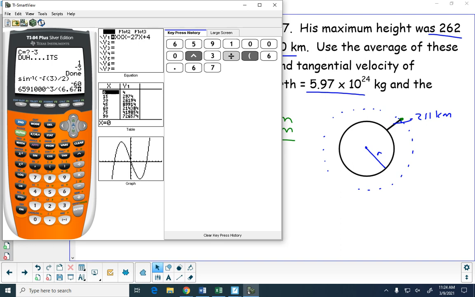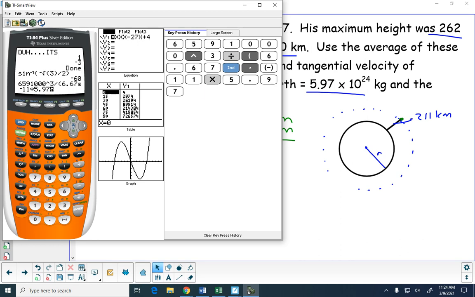So I can go second EE, negative 11, times the 5.97, second EE to the 24th power, and close your parenthesis out.